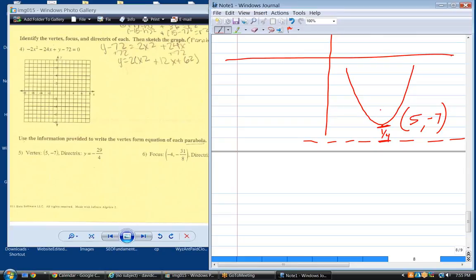So now we know where the focus is going to be. Tell me the coordinates of the focus. 5, and then minus 6 3/4.